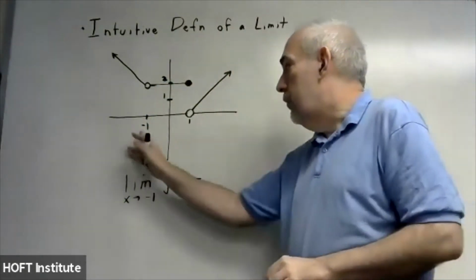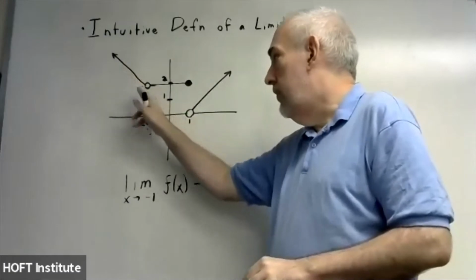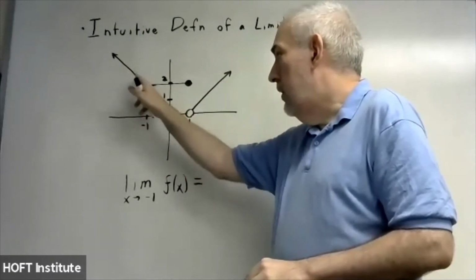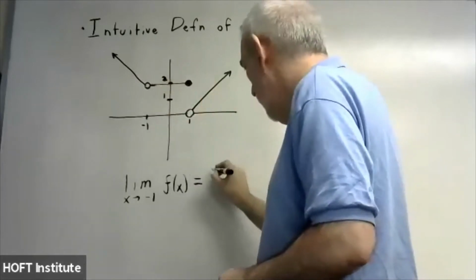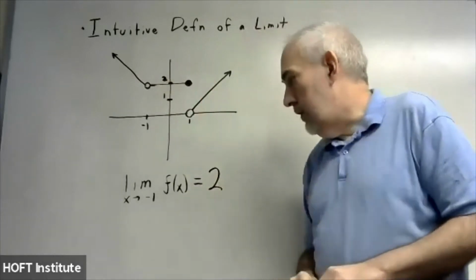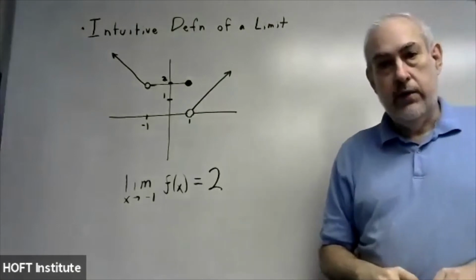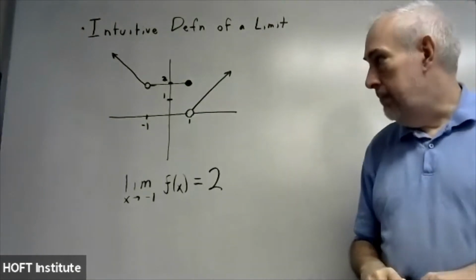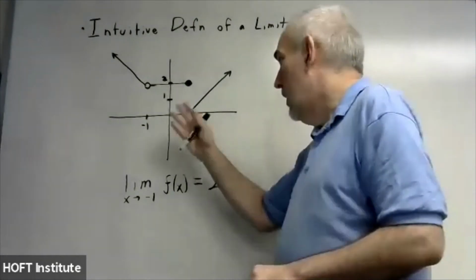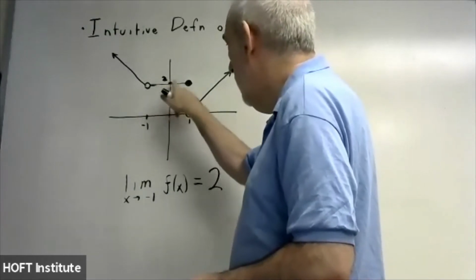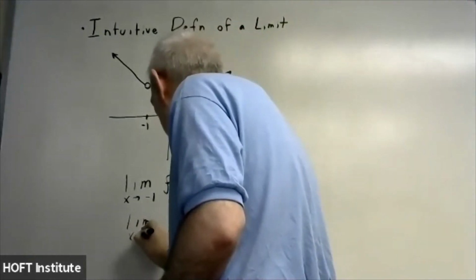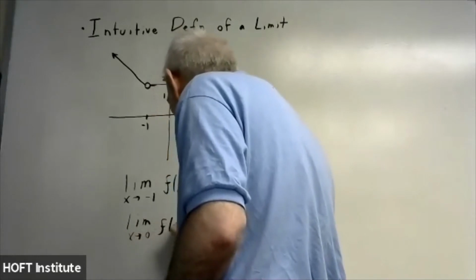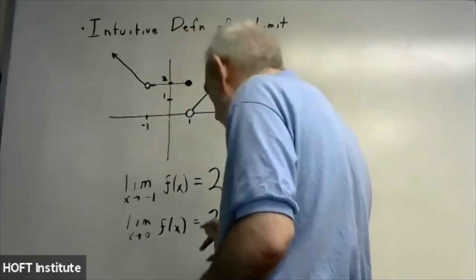Okay, as we approach negative 1 from the left or the right, we're going to the same height, 2. So you would say that the limit as x approaches negative 1 of f(x) equals 2. Okay? What about at 0? 0 is also going to 2. So you would say that the limit as x approaches 0 of f(x) equals 2.